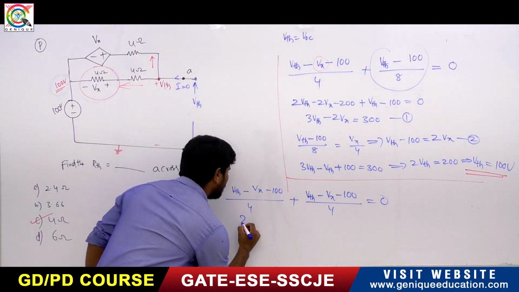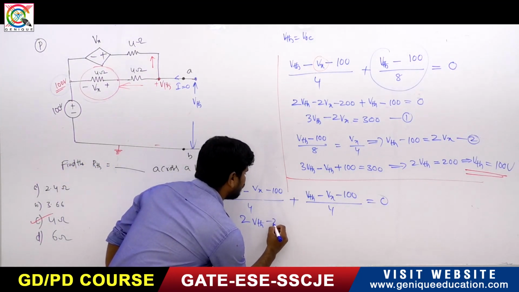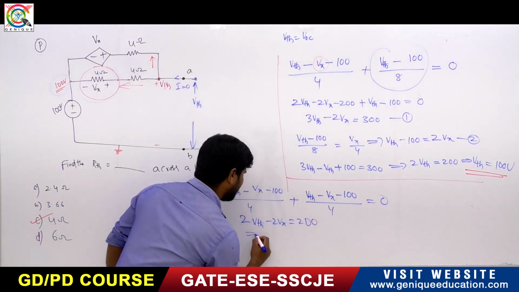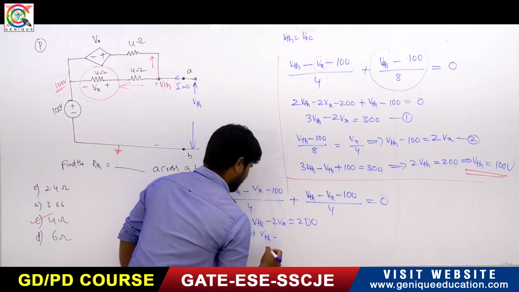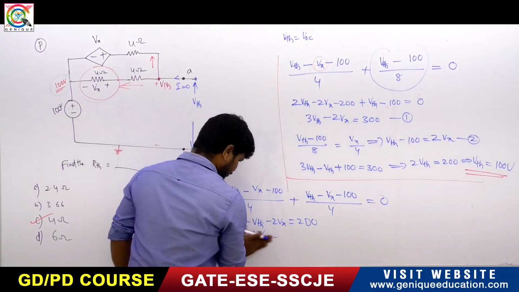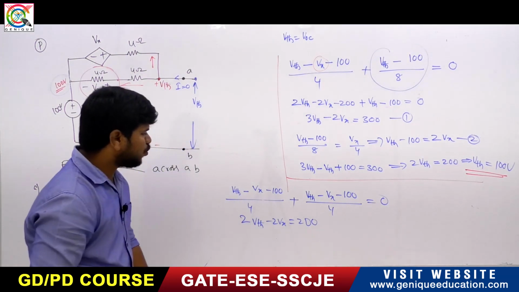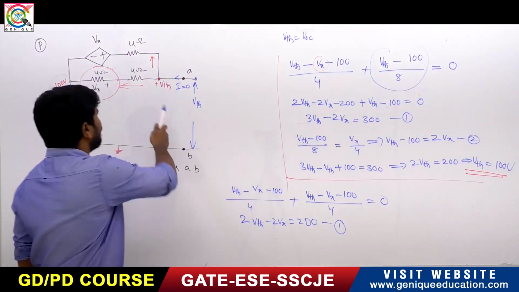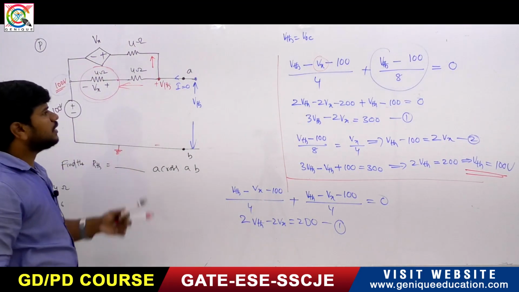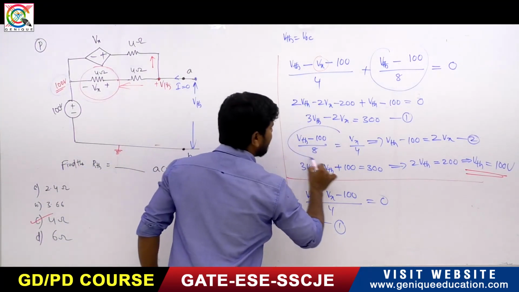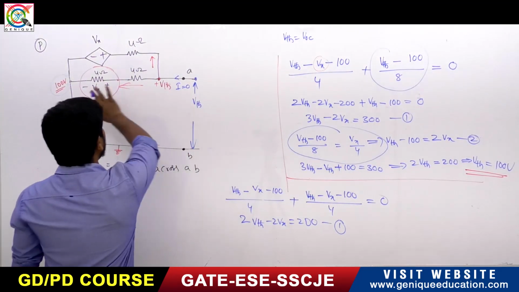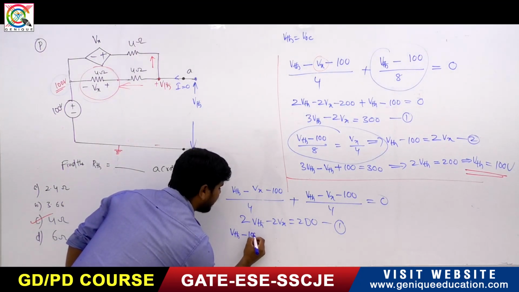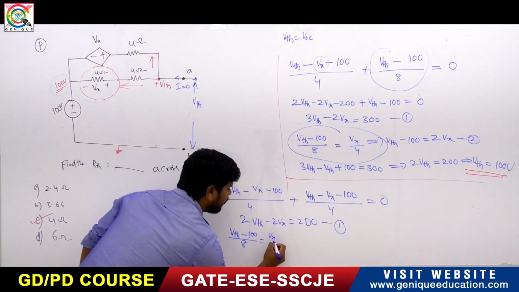So from this it is 2VTH minus 2Vx is equal to 200. So this is one equation. And to find the current, again I have to use this relation. Here VTH minus 100 divided by 8 is equal to Vx by 4.